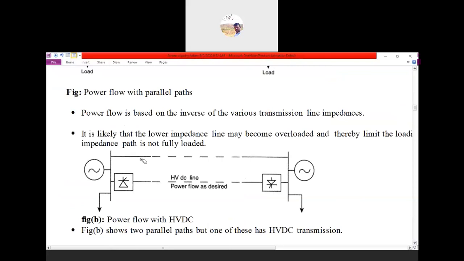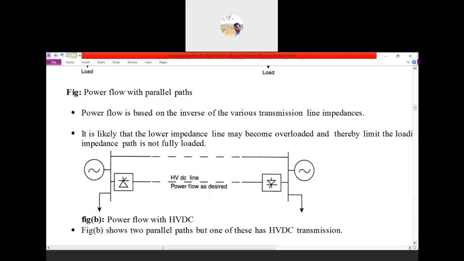That's why the first transmission line, whichever has the impedance x, is carrying the larger share of the power.